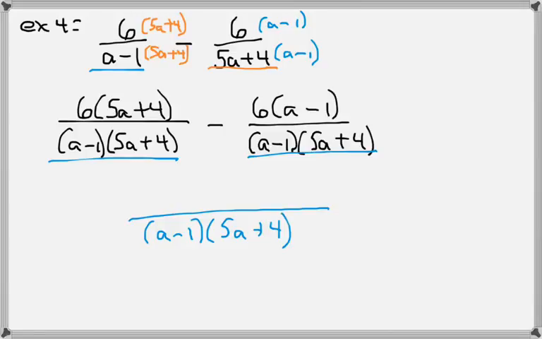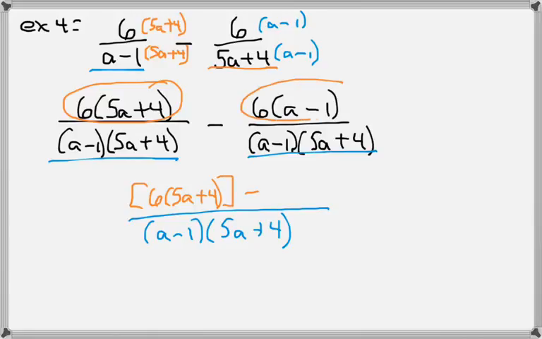Now I'm going to take my numerators. I'm going to take all of this guy. So I'm taking that 6 times the 5a plus 4. And I'm going to subtract this guy, 6 times a minus 1.